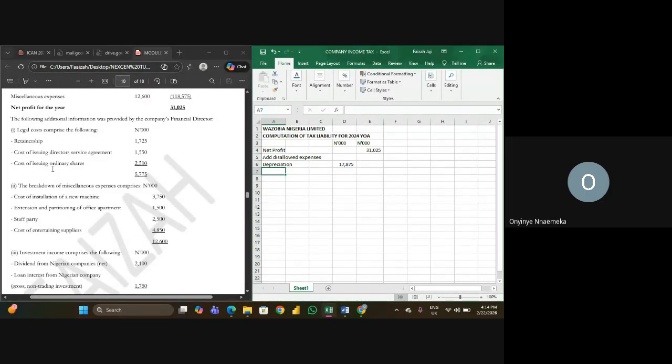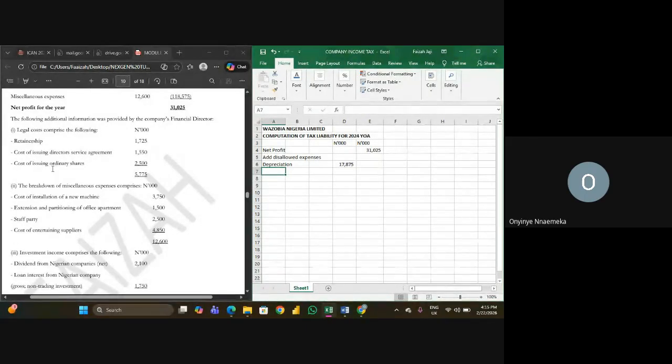So this falls under two things. In some instances, it is allowed. I don't know if I remember saying it when we were discussing the written aspects of CIT that pre-incorporation expenses are not allowed. So if we regard this cost of issuing director service agreement as a pre-incorporation expense, we disallow.